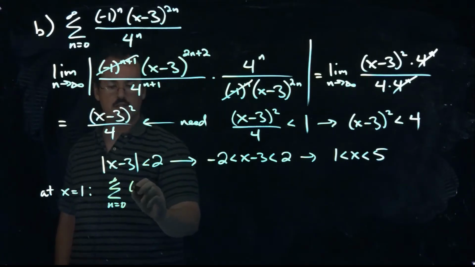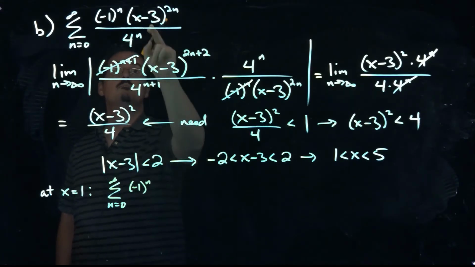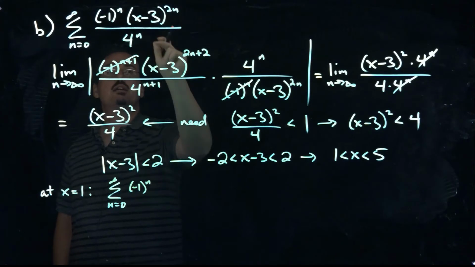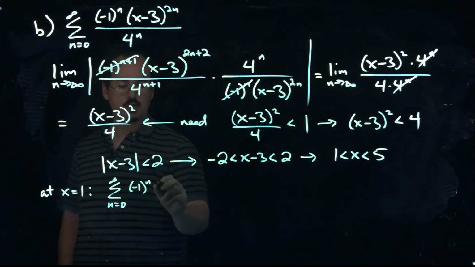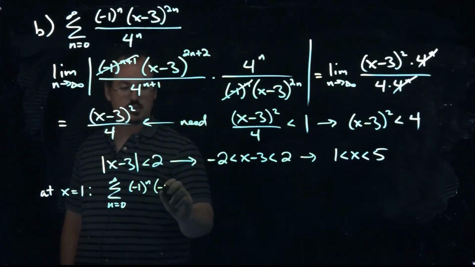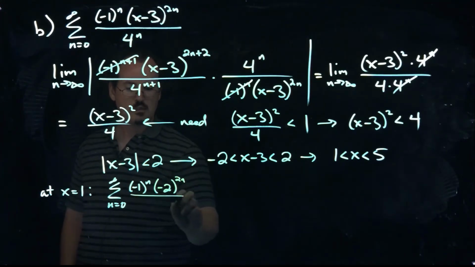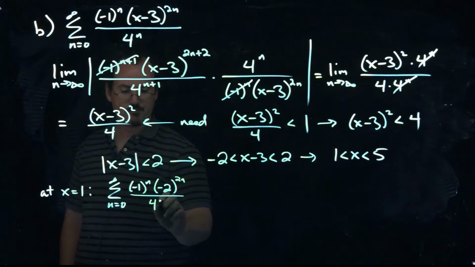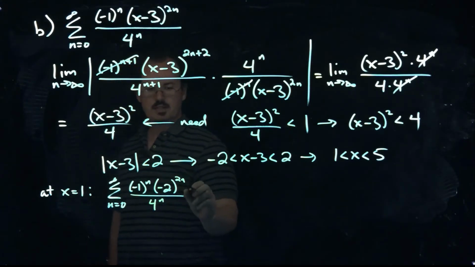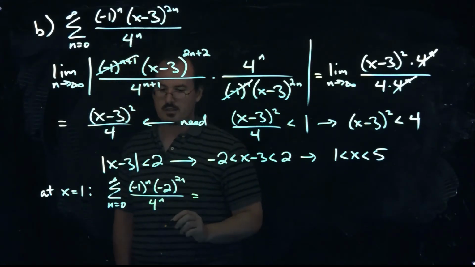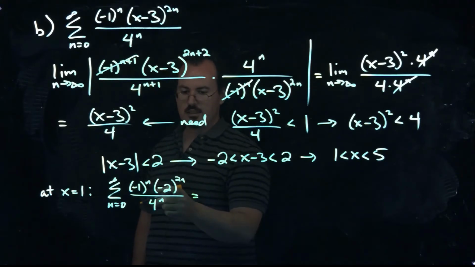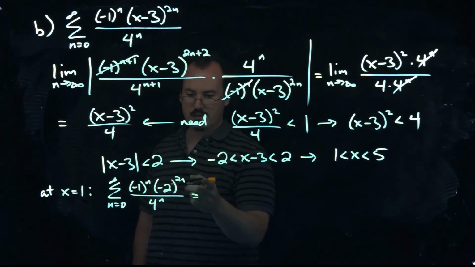So I have minus 1 to the n. Plugging in 1 here, I get minus 2. So I'll have minus 2 to the 2n power over 4 to the n. Okay, now we need to simplify this a little bit before we can figure out what it's going to do. Notice that this is the same as minus 2 squared to the n.